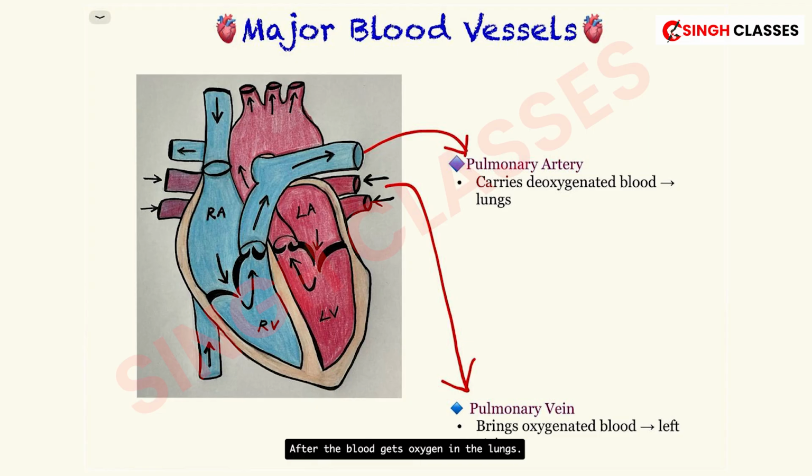After the blood gets oxygen in the lungs, it returns to the heart through the pulmonary veins. The pulmonary veins carry oxygenated pure blood from the lungs to the left atrium of the heart. They are the only veins in the body that carry oxygenated blood. Thus, the pulmonary artery takes impure blood to the lungs, and the pulmonary veins bring pure blood back to the heart.